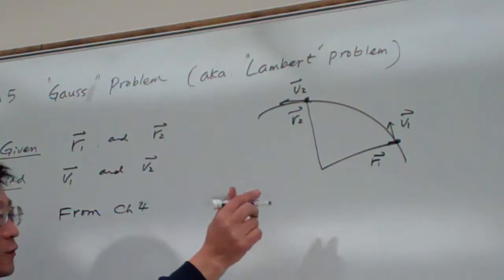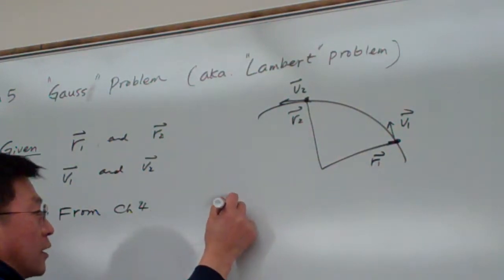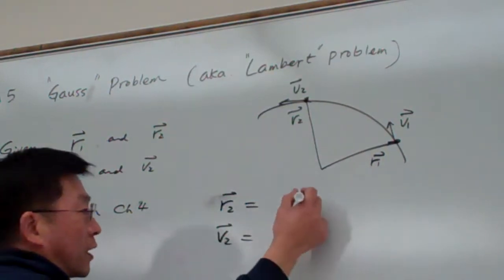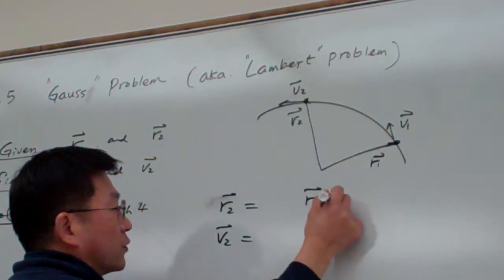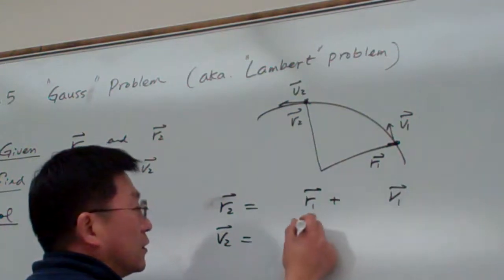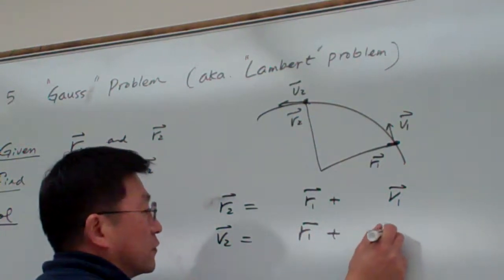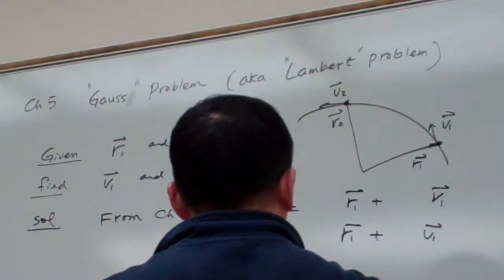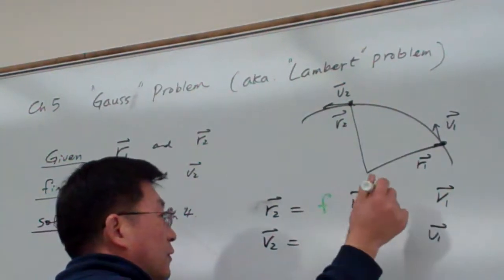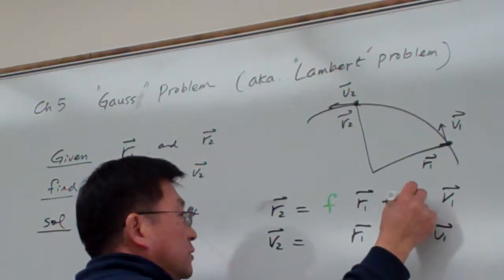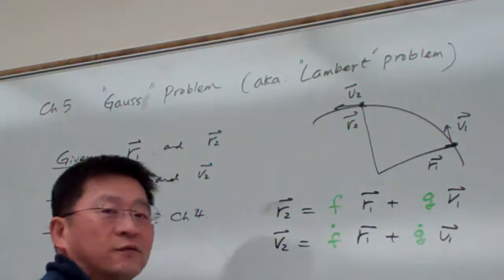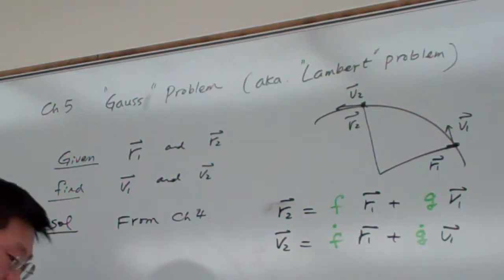So basically here we can say R2 equals the linear combination of R1 and V1. And we know the linear combination is through these coefficients, f, g, and f dot, g dot, right? That is from our previous concept.